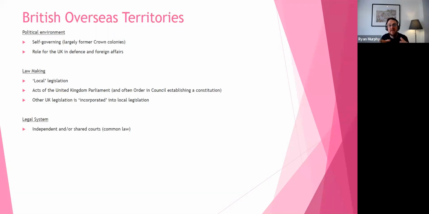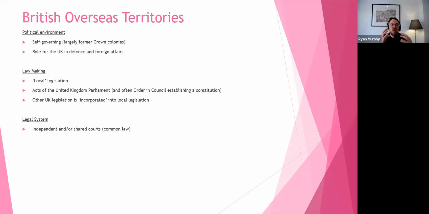So they share that same legal heritage as the legal system of England and Wales, in the fact that it's a common law-based system. And they have a series of independent courts, and often the most senior court will be a shared court.